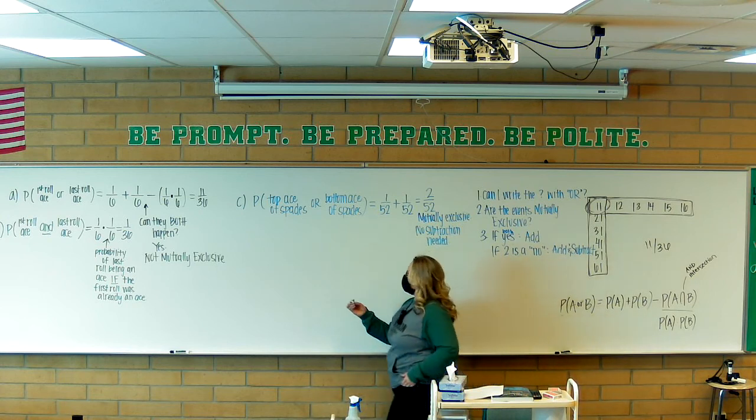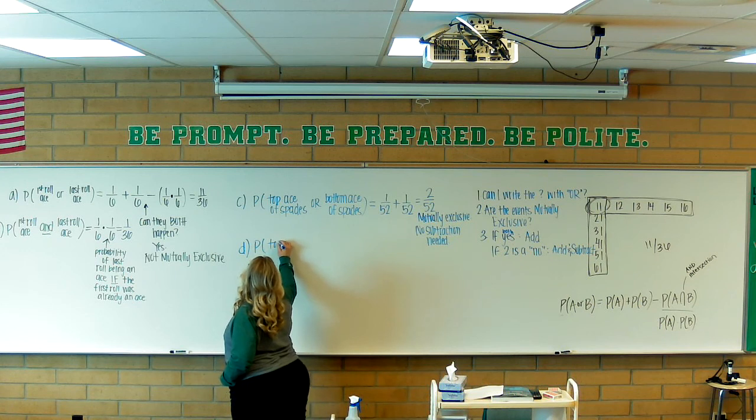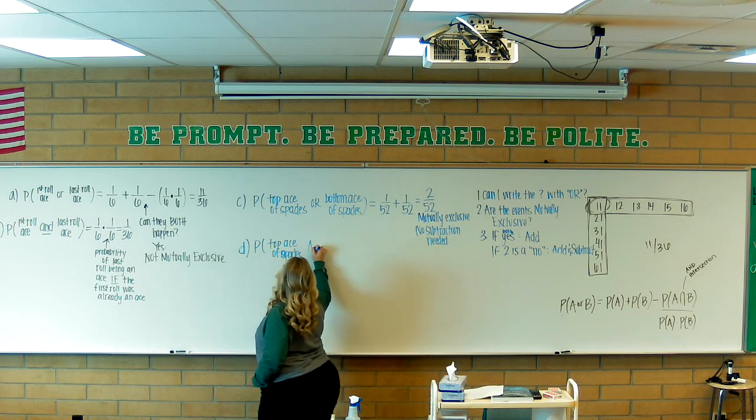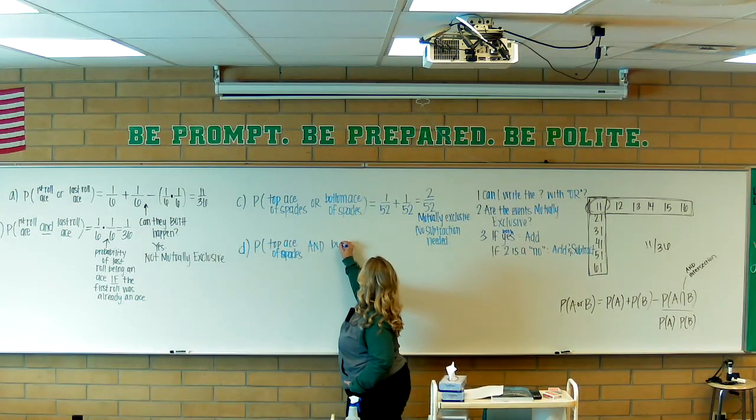Okay, last one. Calculate the chance that the top card is the ace of spades. Oh, that's a spade, obviously. This time, and what? The bottom card is the ace of spades.